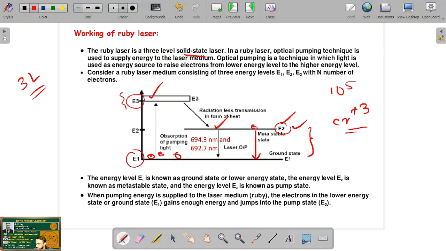So initially from E2 to E1 there will be spontaneous emission, and one photon will be created. That photon will again dislodge another electron from E2 to reach E1. So from one photon, two photons are generated, which is called stimulated emission. So the laser transition will take place between E2 and E1.